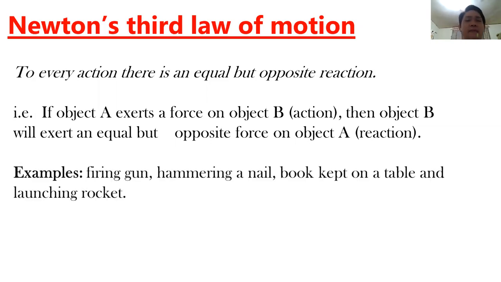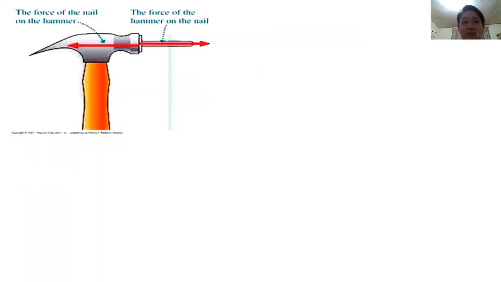So let's have an example. Firing a gun, hammering a nail, a book kept on a table, and launching a rocket. These are the examples of Newton's third law of motion. We can describe it in the illustration.